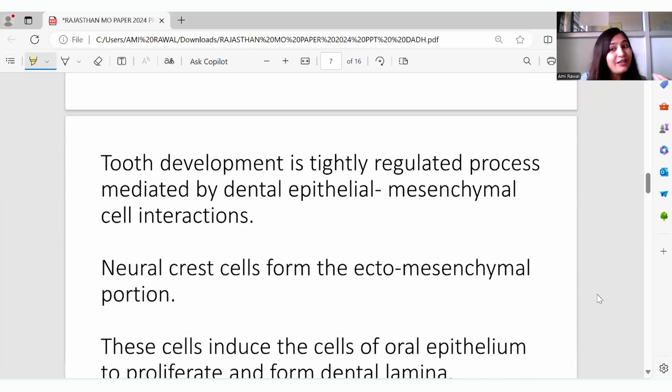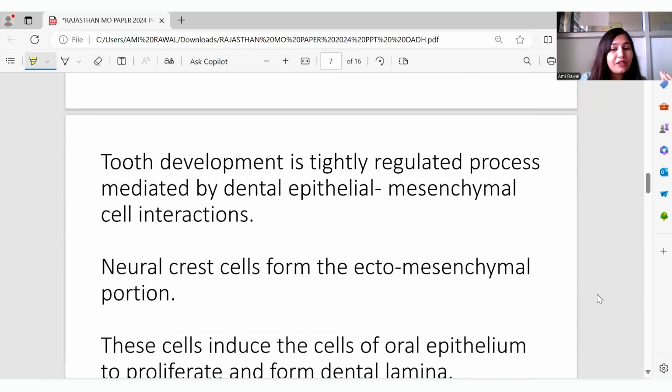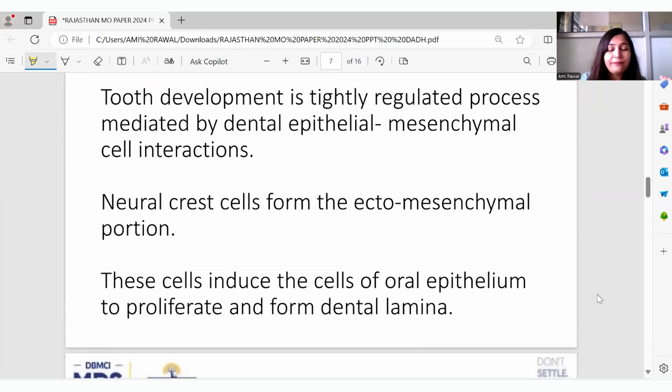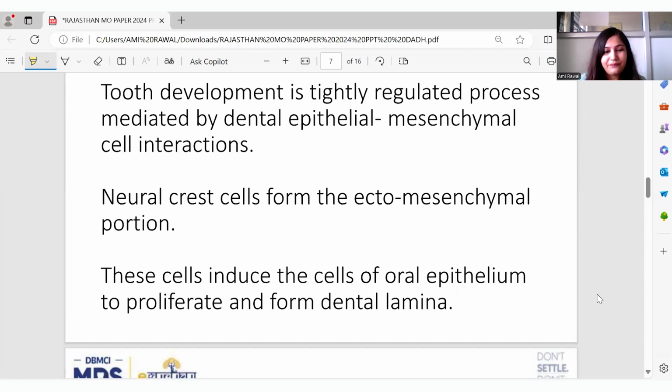Neural crest cells form the mesenchyme, the connective tissue portion, the ectomesenchymal portion. These cells send signals to the cells of oral epithelium, which proliferate and lead to the formation of a thickened epithelial band which separates into 2 parts, that is dental lamina and vestibular lamina.